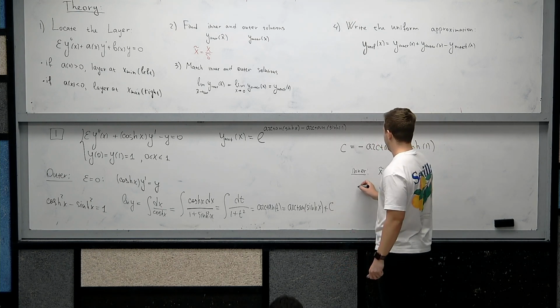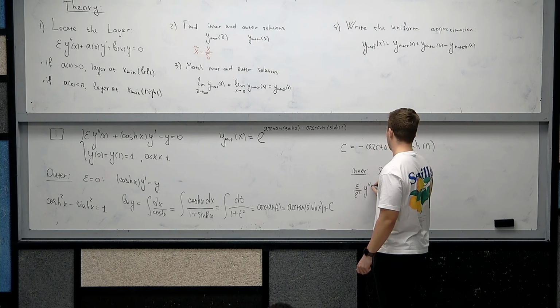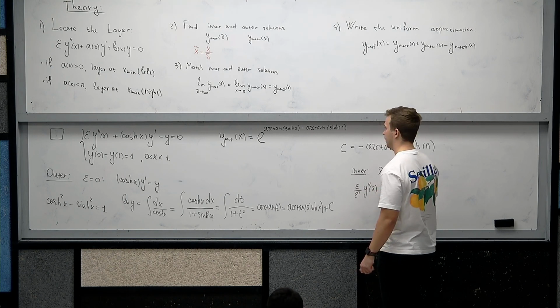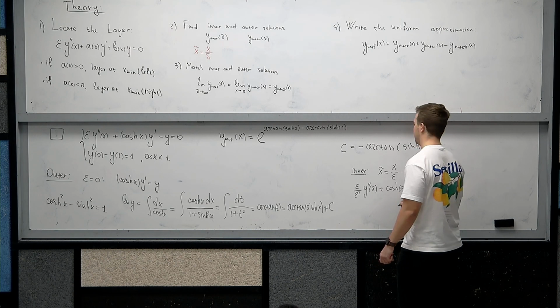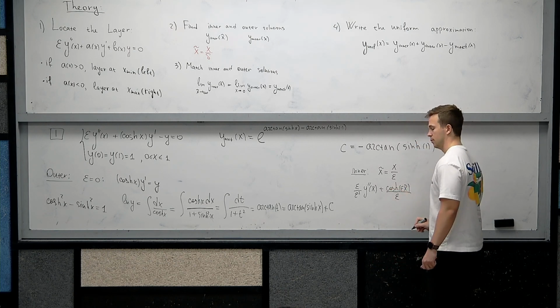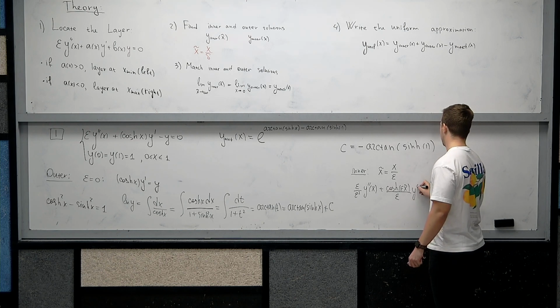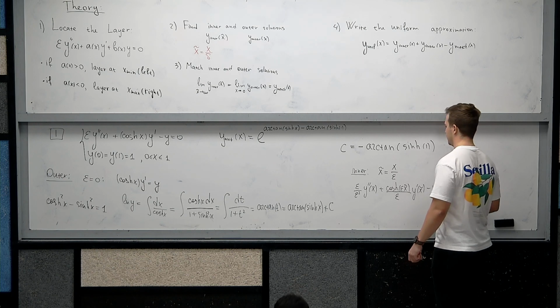So I'll have epsilon divided by epsilon squared y double prime of x tilde plus hyperbolic sine of epsilon x tilde divided by epsilon times y prime of x tilde minus y of x tilde equals 0.